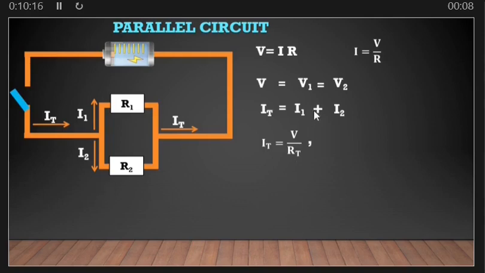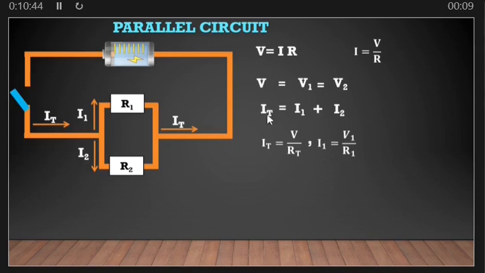Also we can know the current which is flowing in this resistor here. The current flowing in this resistor, which is current 1, can be calculated by V1 over R1, meaning that the voltage across resistor 1 divided by the resistor itself can give us the current flowing through resistor 1.